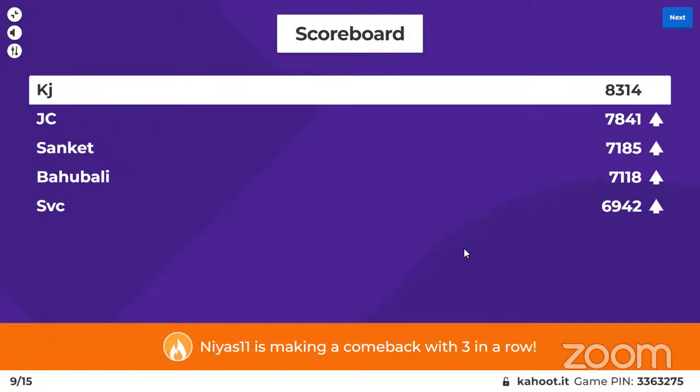Sanket, a new name on the table, with 7,185 points, stands third. Bahubali, a new name on the table with 7,118 points, stands fourth. SVZ, a new name on the table with 6,942 points, is fifth. Again, a special mention for Niaz, who is making a comeback with 3 in a row. Great, Niaz.